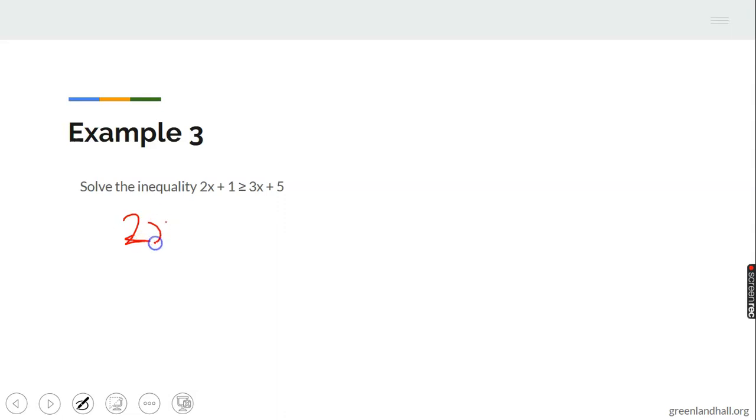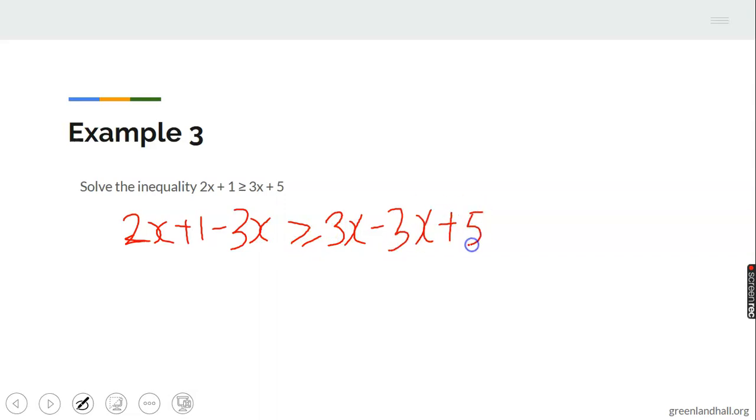That will be 2x plus 1 minus 3x is greater than or equal to 3x minus 3x plus 5. And this will give me 2x minus 3x, which is minus x, plus 1 greater than or equal to what? 5. So subtract 1 from both sides.